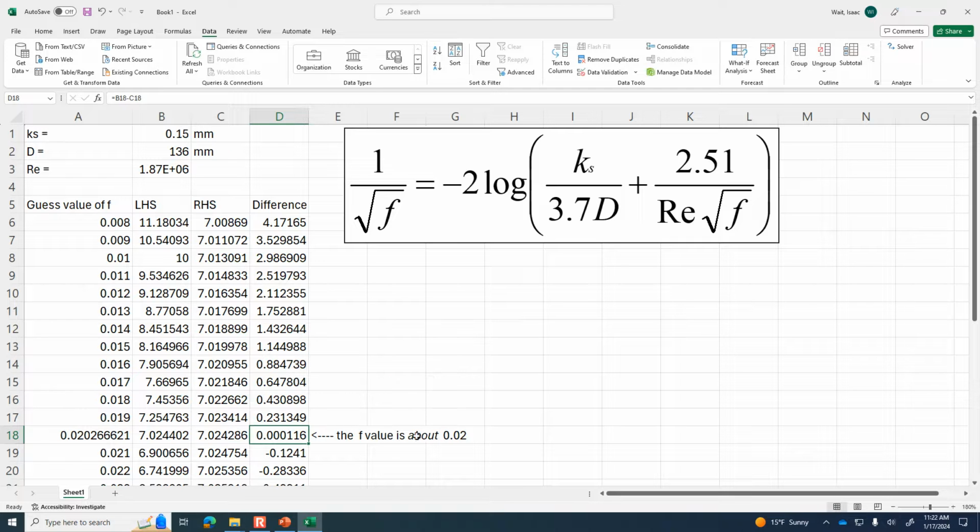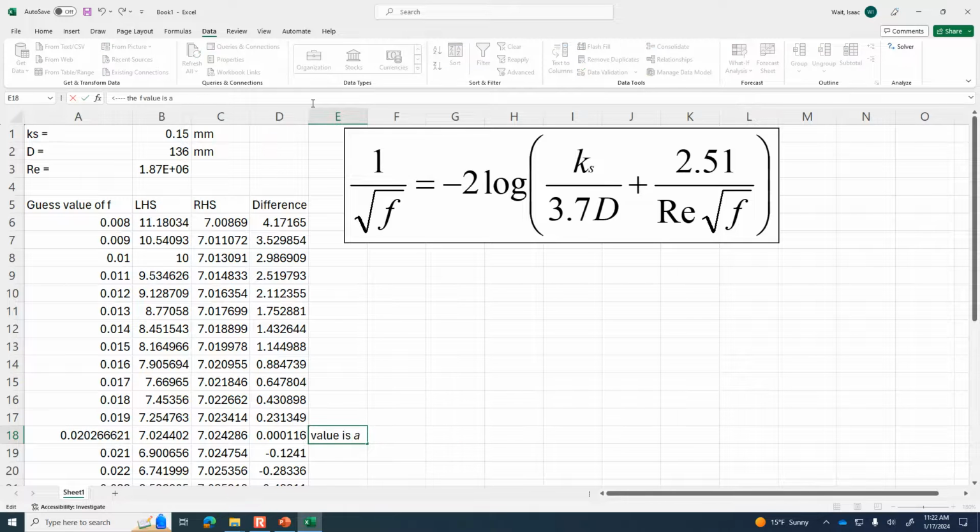All right, so the actual F value is 0.020266621. So what we'd actually use for calculations is we'd say the F value is 0.0203. So now we have a good calculation of the F value.